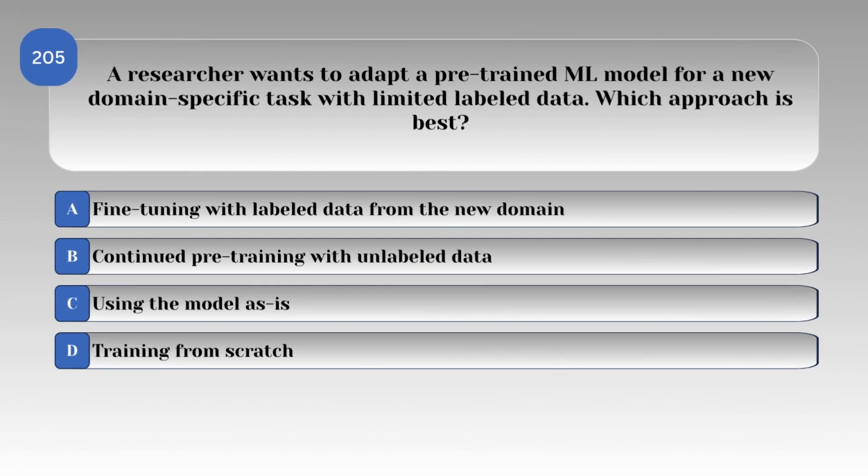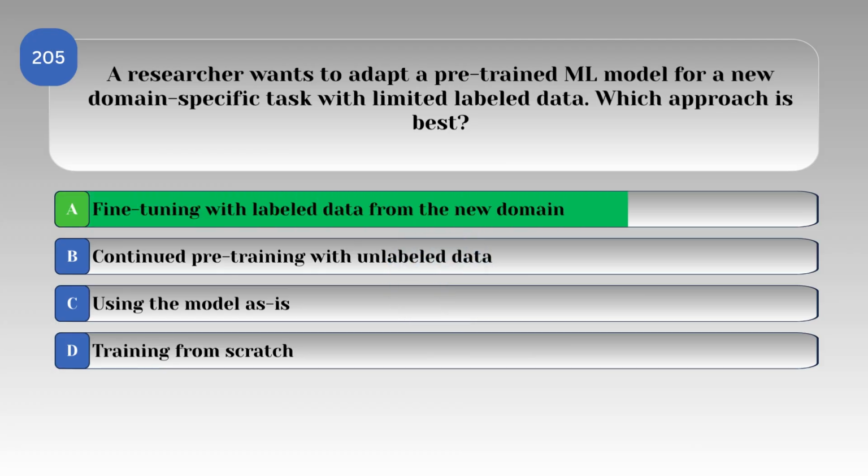A researcher wants to adapt a pre-trained ML model for a new domain-specific task with limited labeled data. Which approach is best? Correct answer: fine-tuning with labeled data from the new domain.